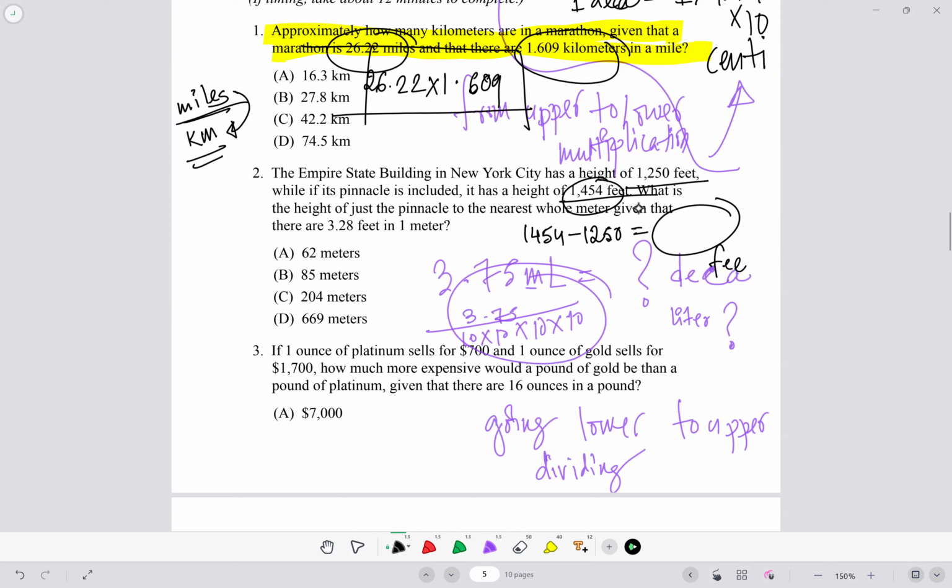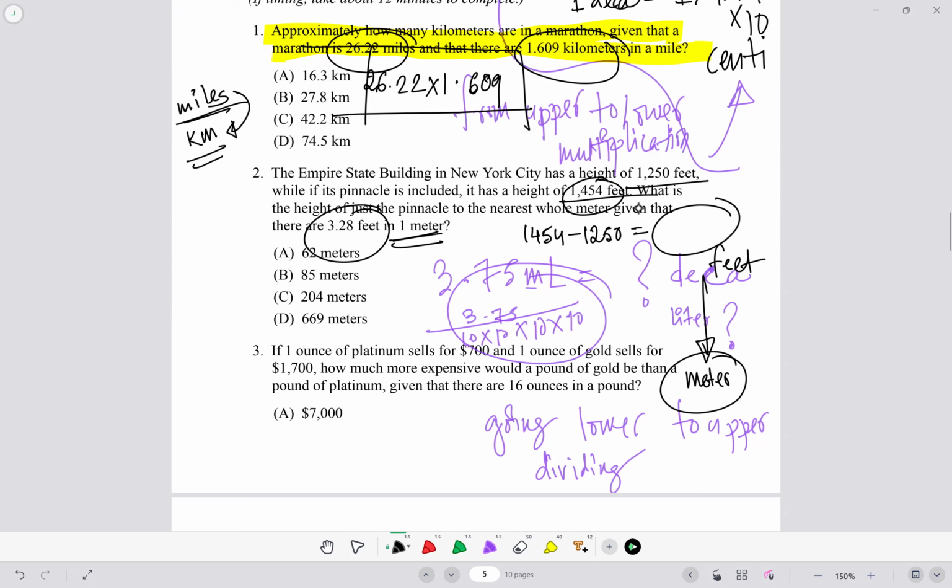This is basically in feet, and then you need to convert it to meters. Because they're telling you that there are 3.25 feet for 1 meter. So how can you convert it from feet to meter?